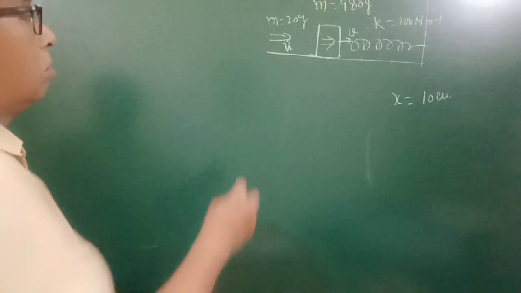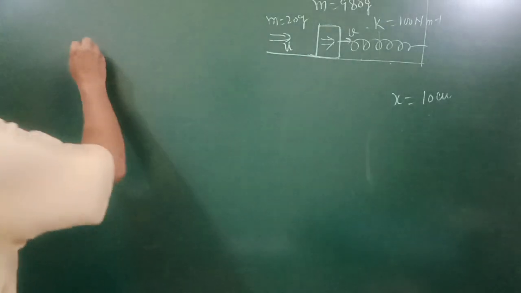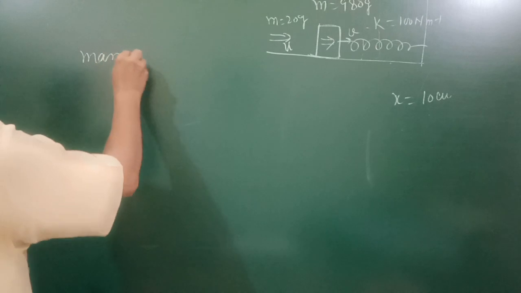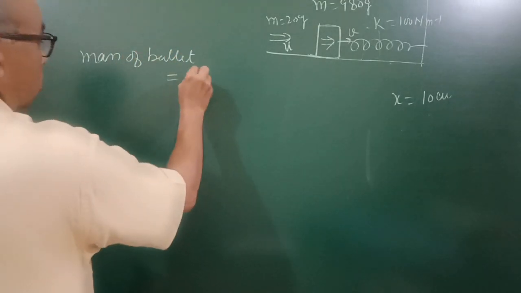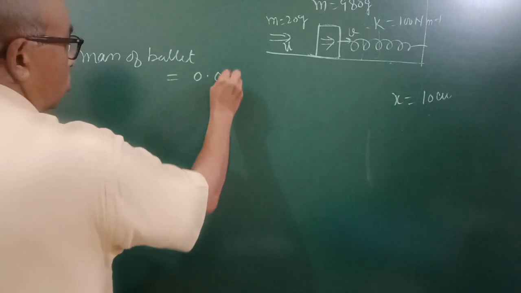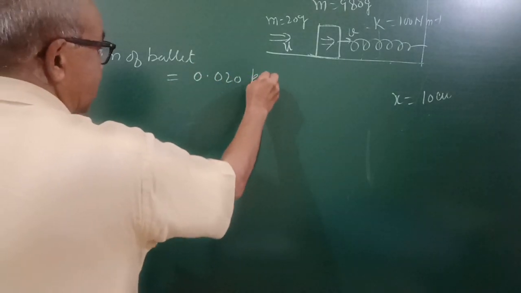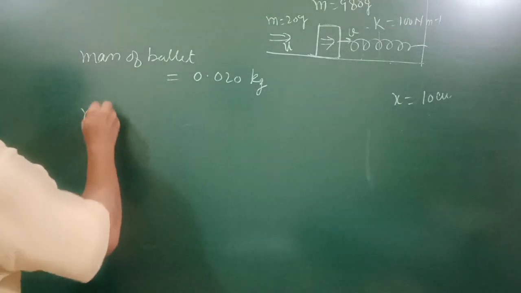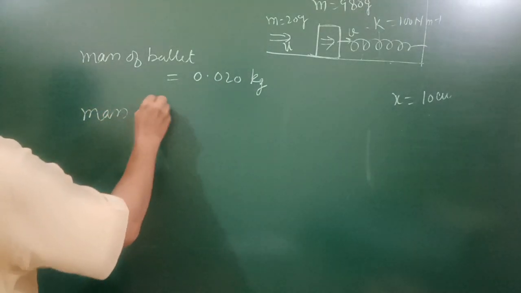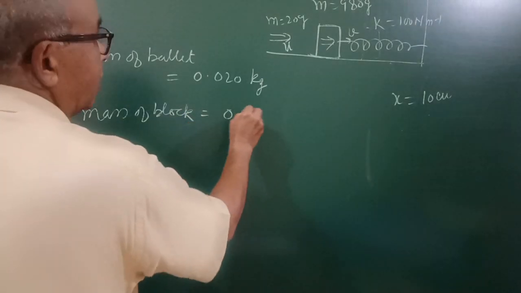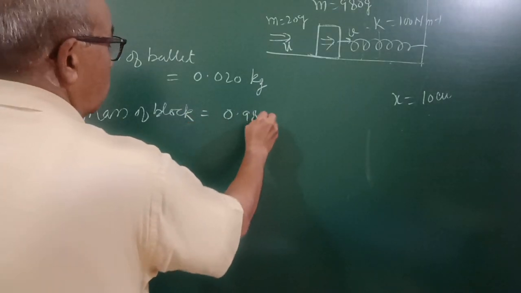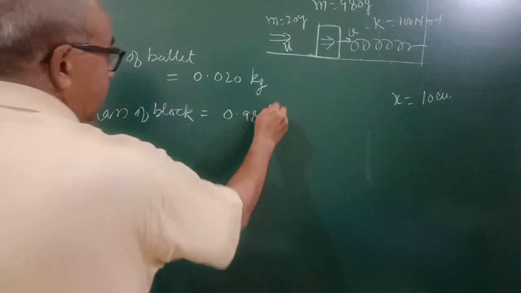So here, mass of bullet is 0.020 kg. Mass of block is 0.980 kg.